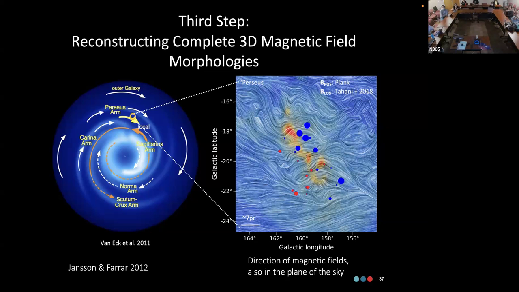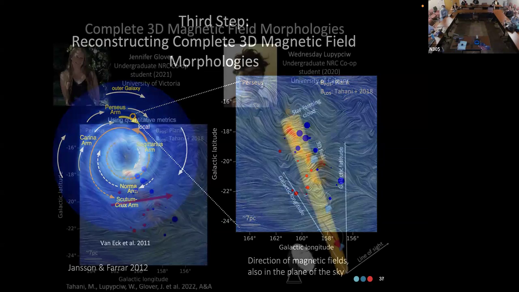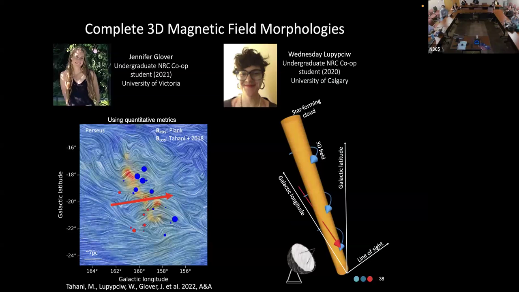And here, I'm showing the Perseus molecular cloud, which also shows a reversal of magnetic field across the filamentary structure, in the line of sight and the plane of sky magnetic field observations. So with collaborators, we modeled the galactic magnetic field in this region, as we can see with the red vector, which, when projected onto the plane of the sky, points in this direction.